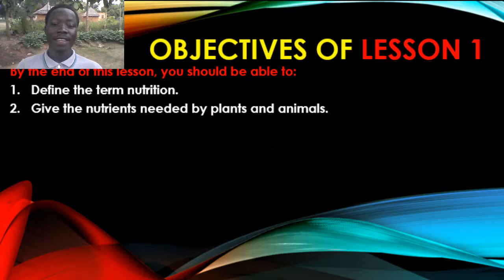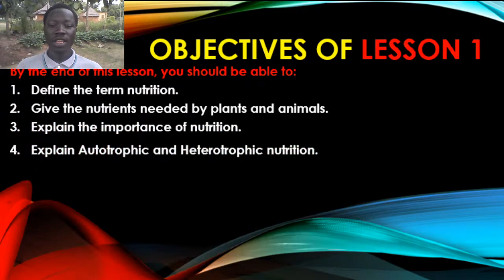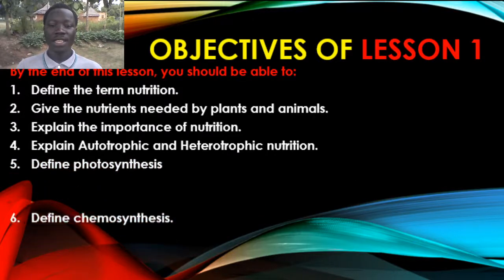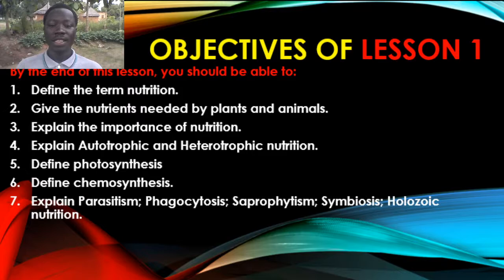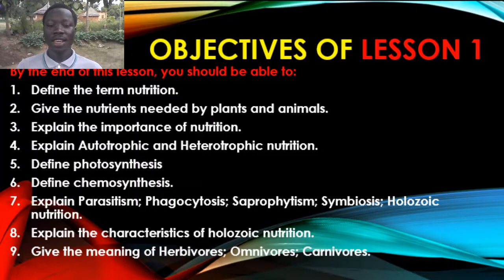After defining that, you should be able to give the nutrients needed by plants and animals, explain the importance of nutrition, explain autotrophic and heterotrophic nutrition, define photosynthesis, define chemosynthesis, explain parasitism, phagocytosis, saprophytism, symbiosis, holozoic nutrition, and then give the characteristics of holozoic nutrition, and lastly, you should be able to give the meaning of these terms: herbivores, omnivores, and carnivores.